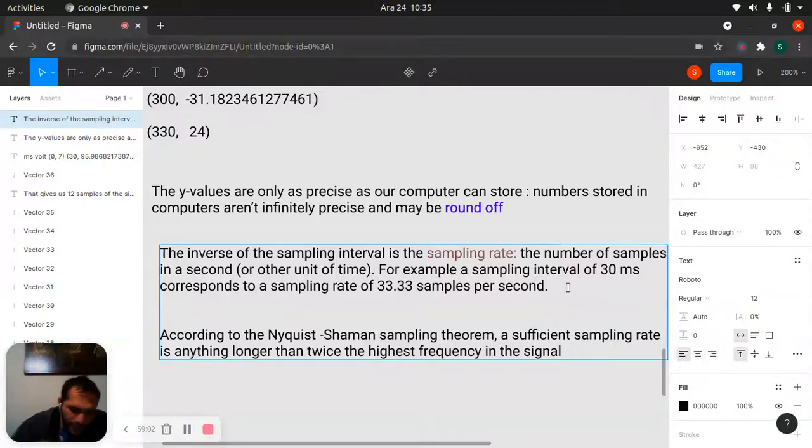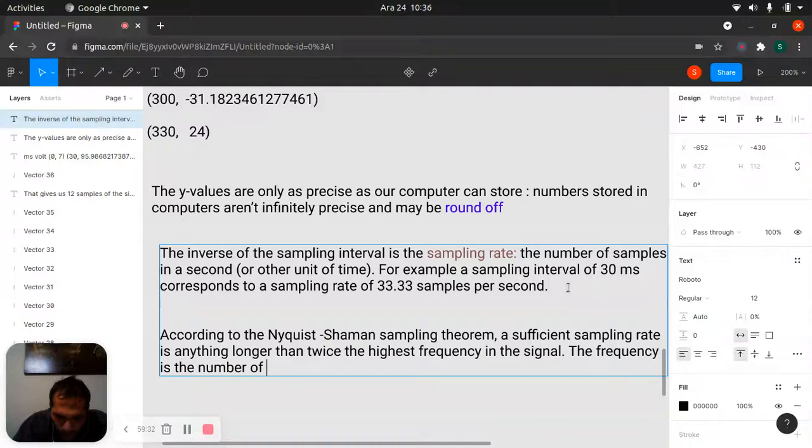Let's say the frequency is the number of cycles per second and measured in hertz.